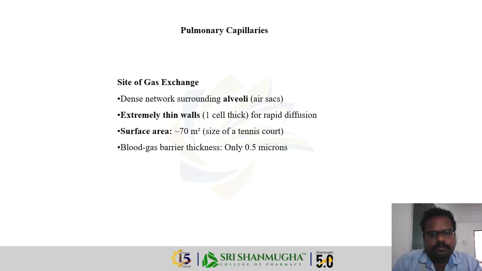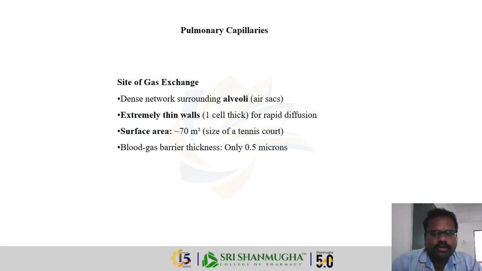The walls are extremely thin, just one cell thick, for rapid diffusion. The surface area is 70 square meters, the size of a tennis court. As you can see, it is a large size; we cannot imagine it.